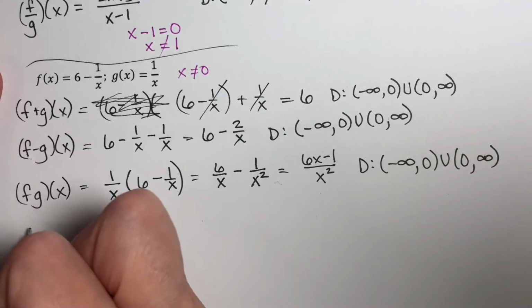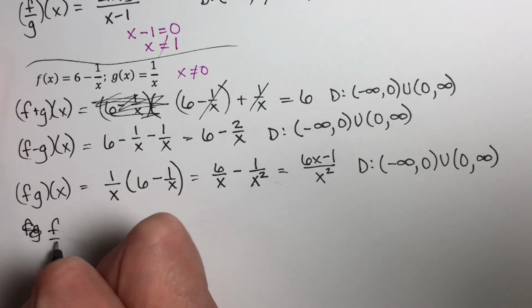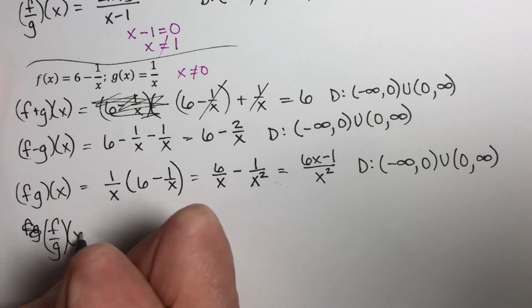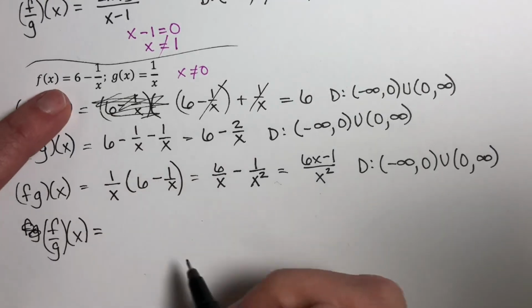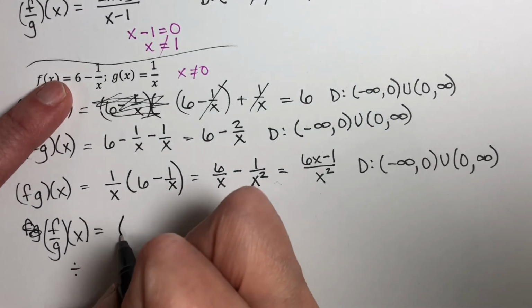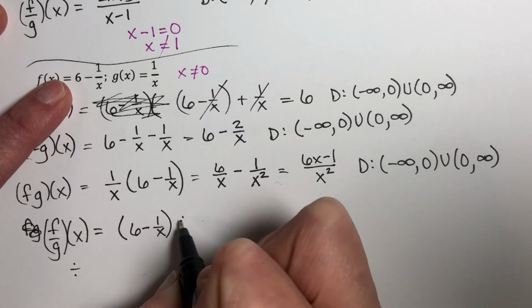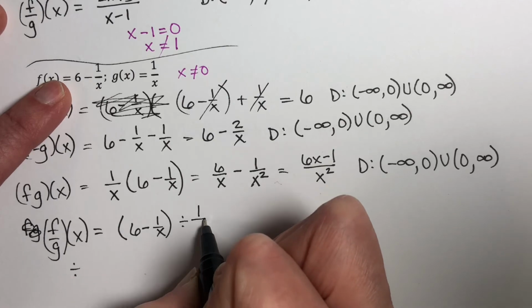Okay, now let's divide. f over g of x is, I'm going to use a division sign here instead of doing it as a fraction, because I'll have fractions within fractions if I do that. This is the same thing as 6 minus 1 over x divided by 1 over x.